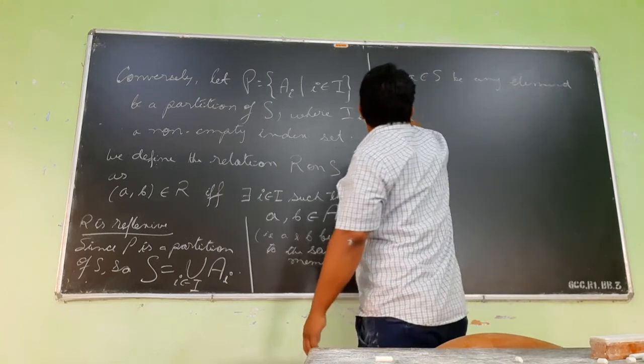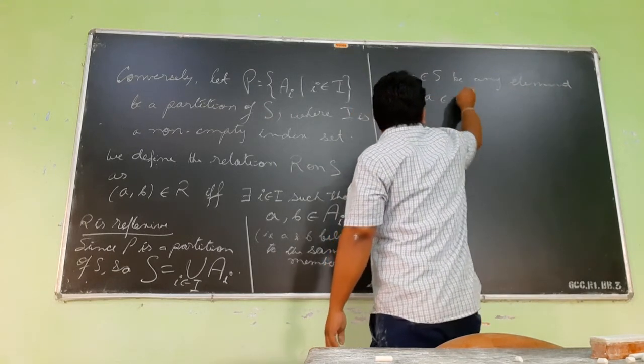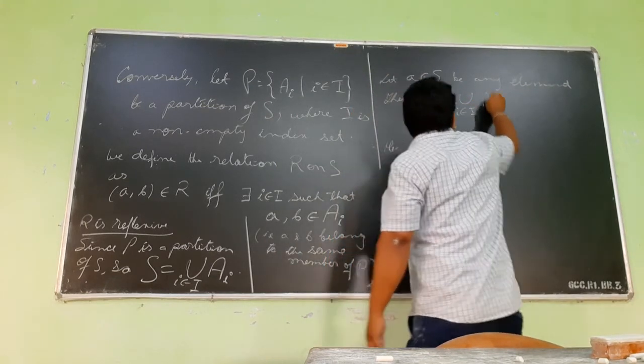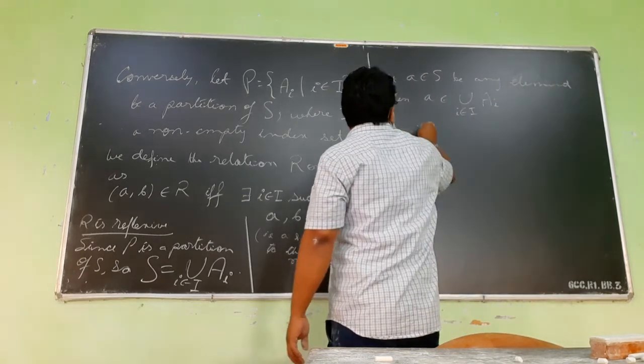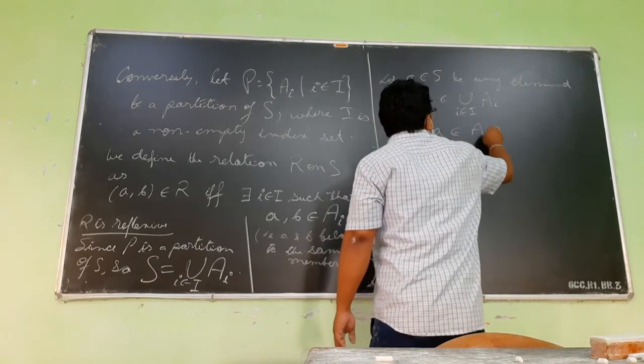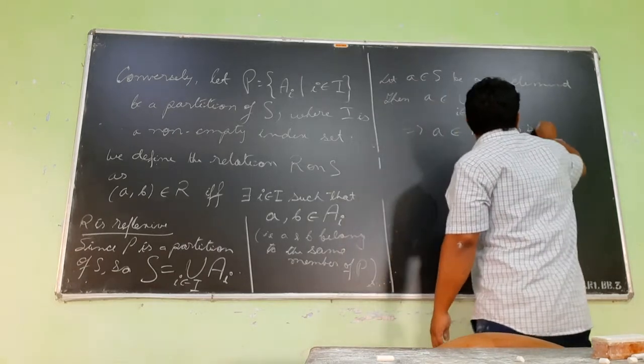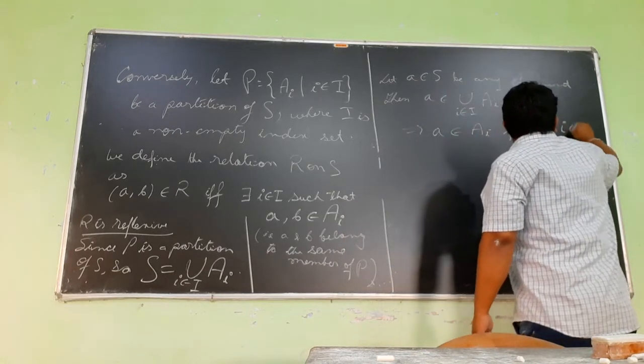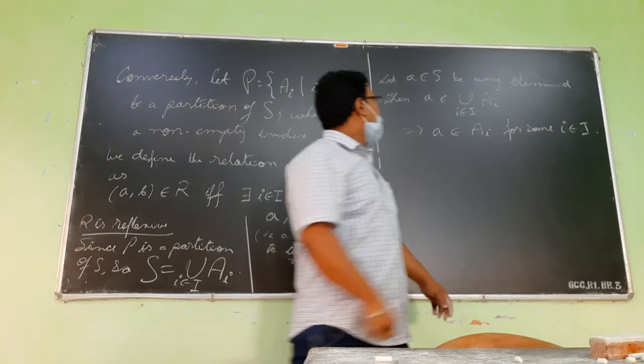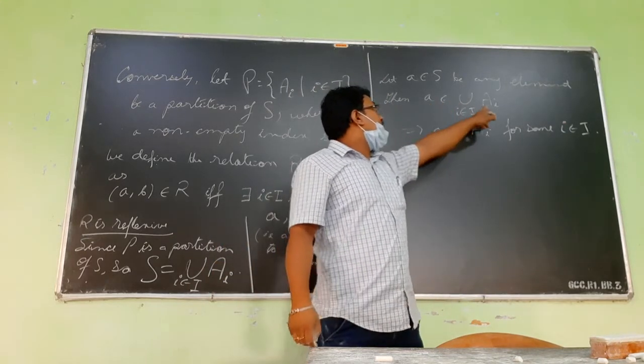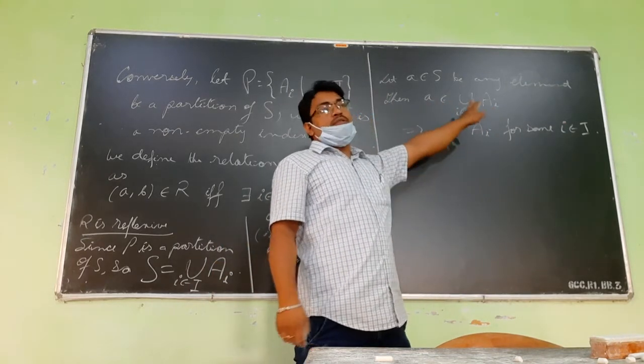Then A belongs to the union over I belongs to capital I of A_I. So this means that A belongs to A_I for some I. A is an element of the union, which means it is there in one of the sets.